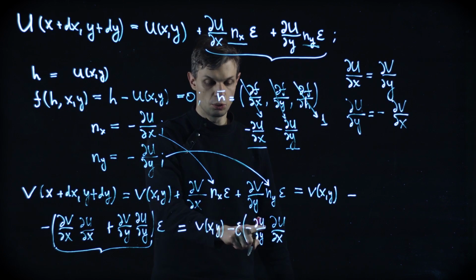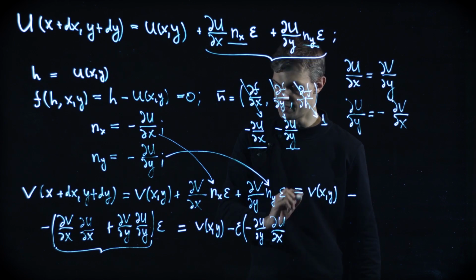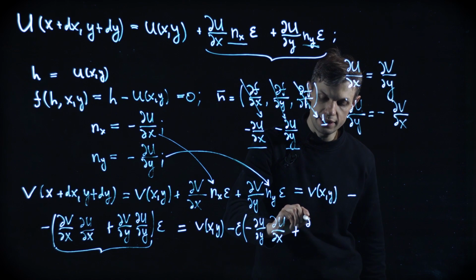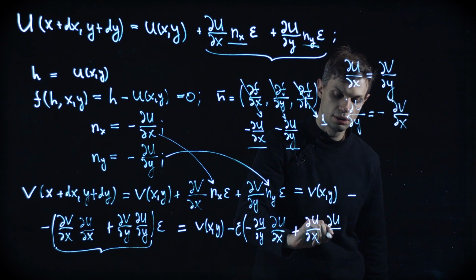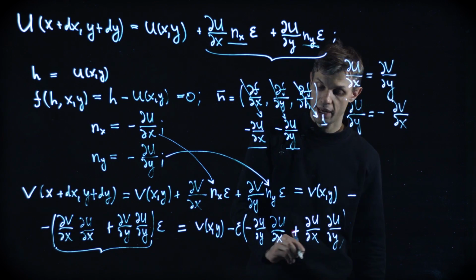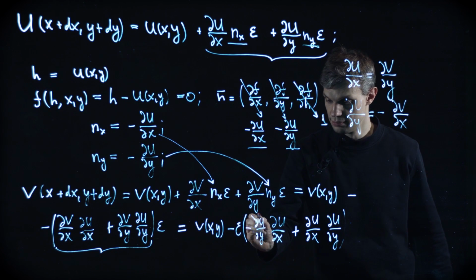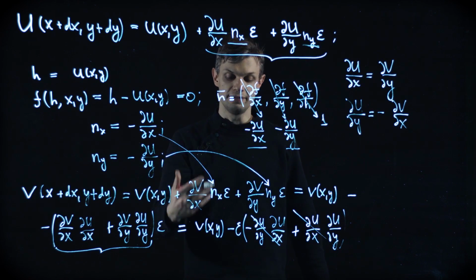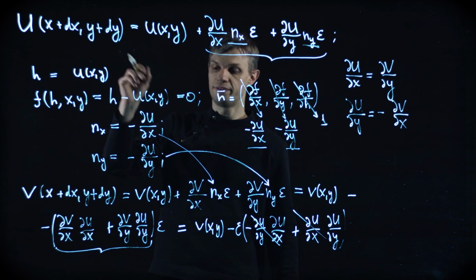And here we substitute dv over dy with du over dx, without minus sign though, right? So du over dx times du over dy. And you see what happened? They cancel each other. So there is no change in v function at all if we move along the steepest descent direction of u function.